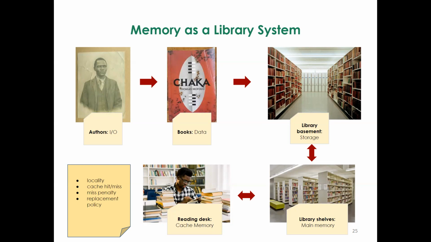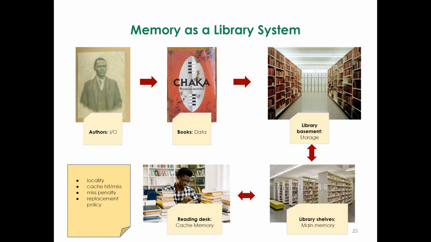It says if you picked a book by Thomas Mofolo, written on Chaka, you are very likely to pick the book next to it. It's probably a book on Chaka written by another author, or a book not necessarily on Chaka, but on Zulu history written by another author. So you are likely to revisit spaces that you have visited before, okay?